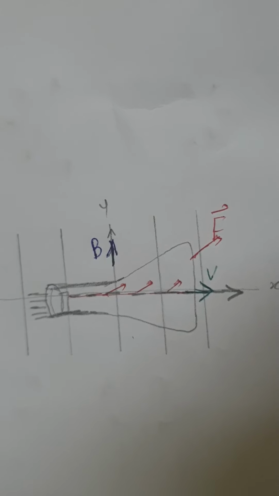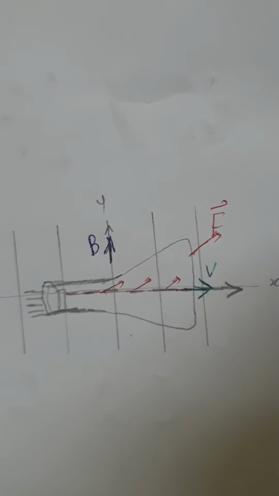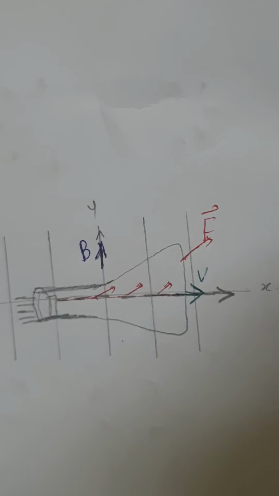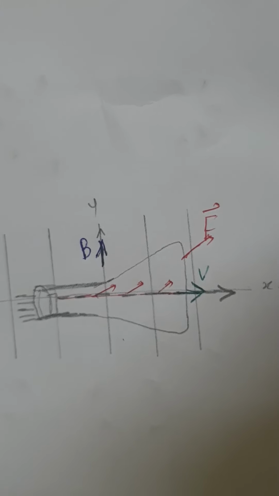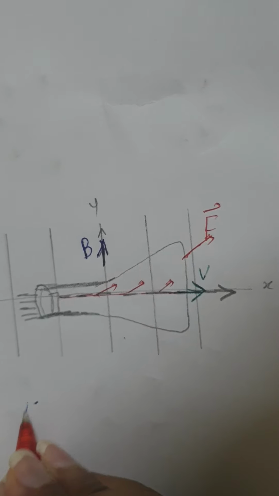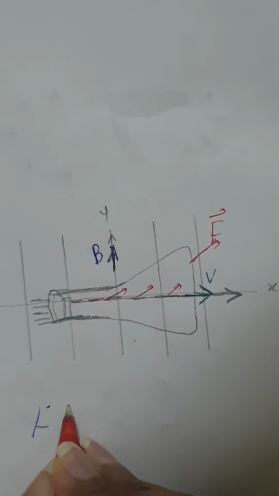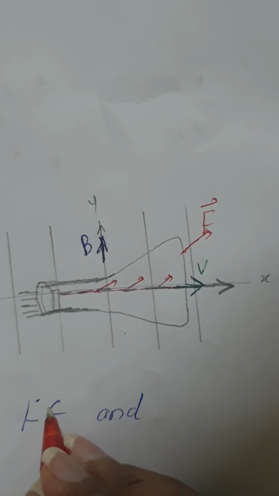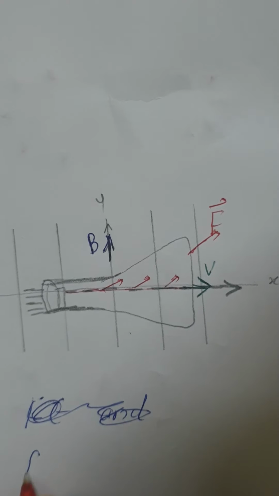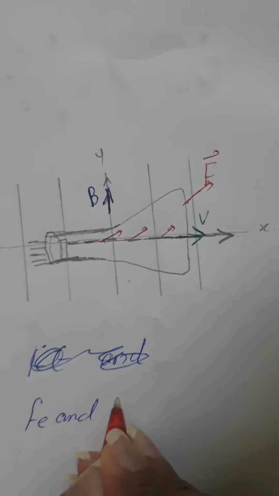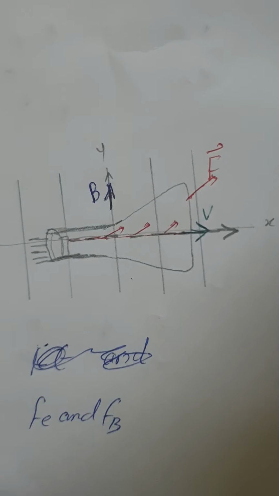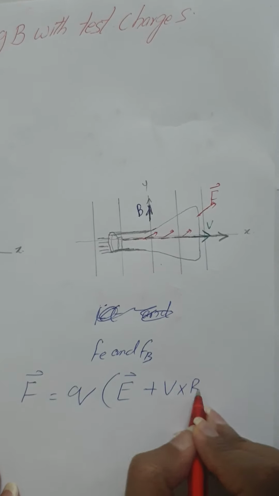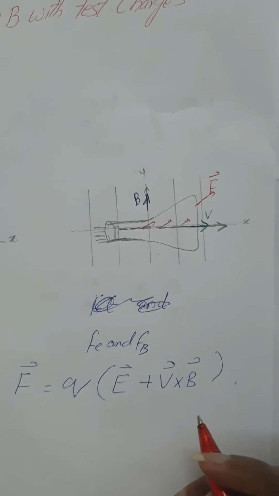So when charged particles move through a region of space where both electric and magnetic fields are present, both fields exert forces on the particle, and the total force is the vector sum of both forces, the electrostatic force Fe and the magnetic force Fb, so the total force is q times E plus v cross B.